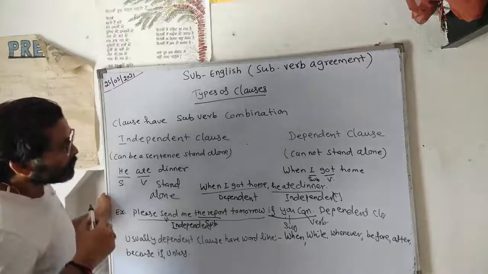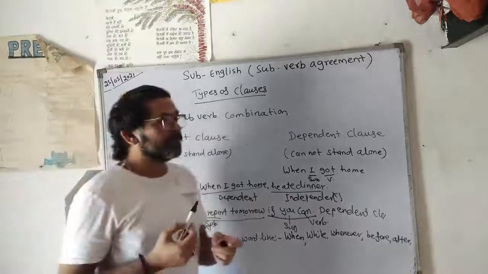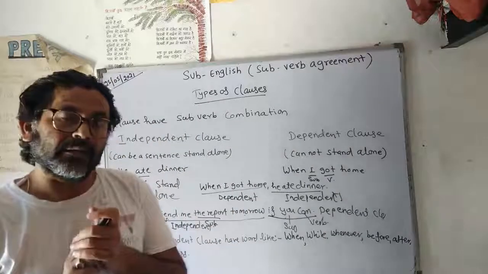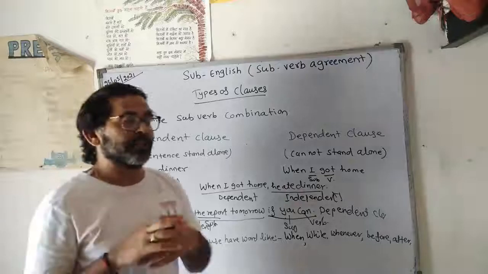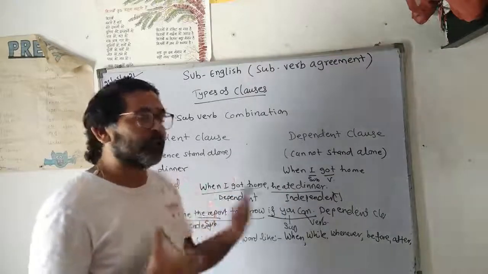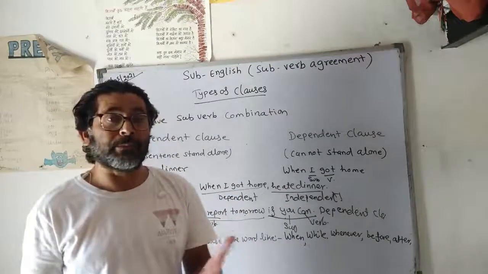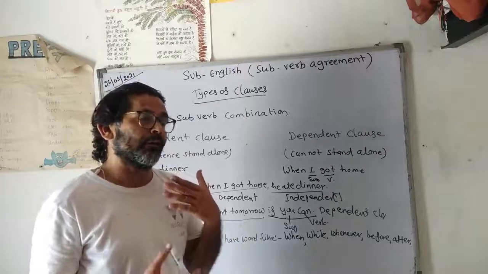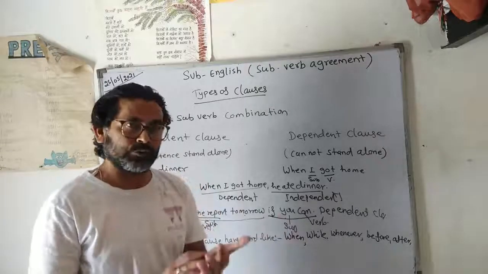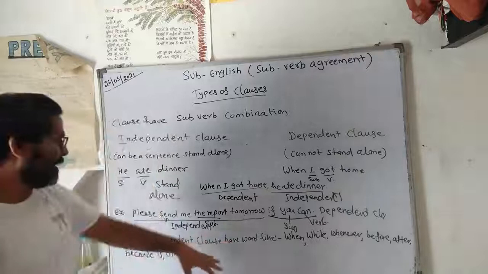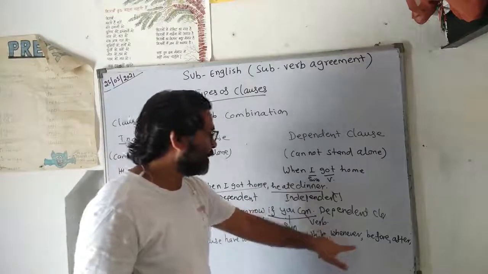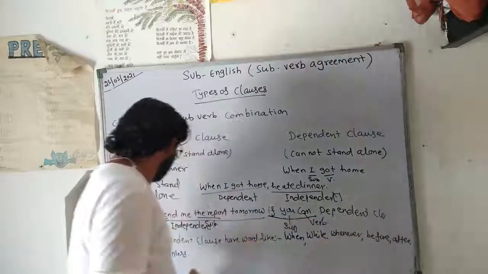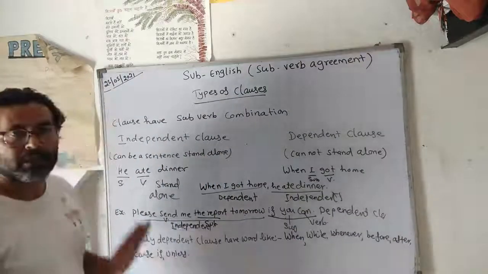So how do we identify a dependent clause in a sentence? There must be some words which come with a dependent clause. Usually dependent clauses have words like when, while, whenever, before, after, because, if, and unless.